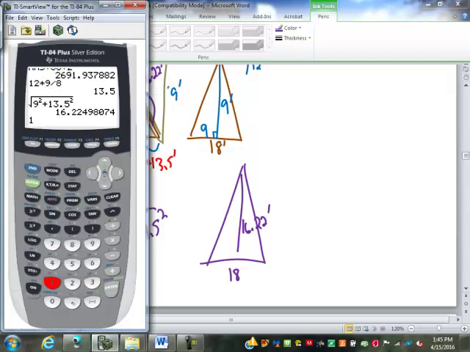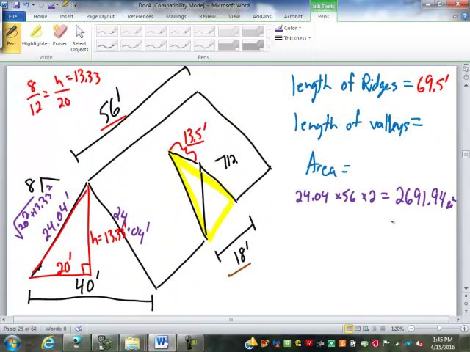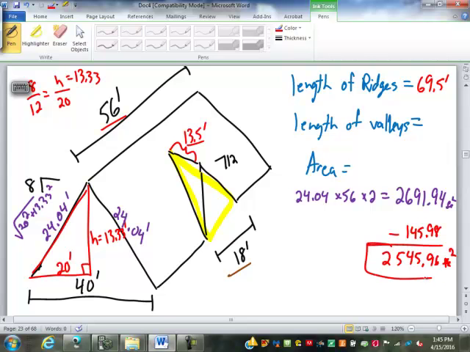So 16.22 times 18 divided by 2 gives us an area of 145.98 that is subtracted out. So that comes up to what, 2545.96 square feet now? So that is the area of the main roof after we've subtracted out the triangle.